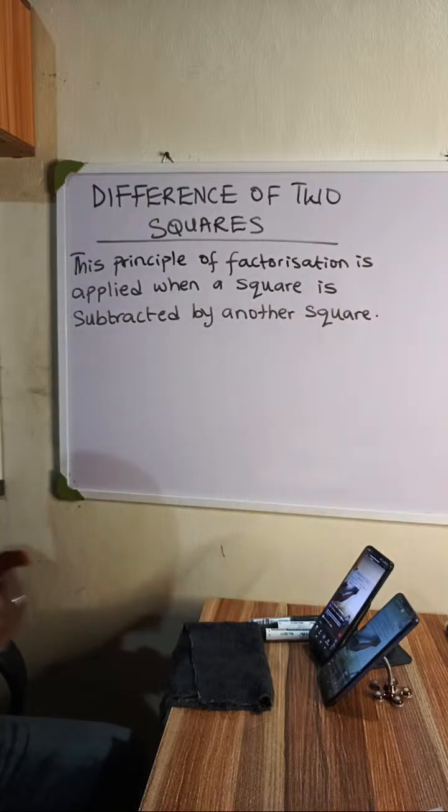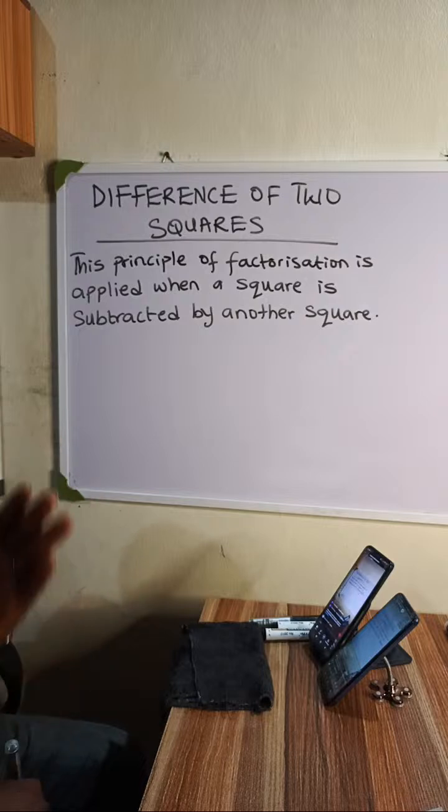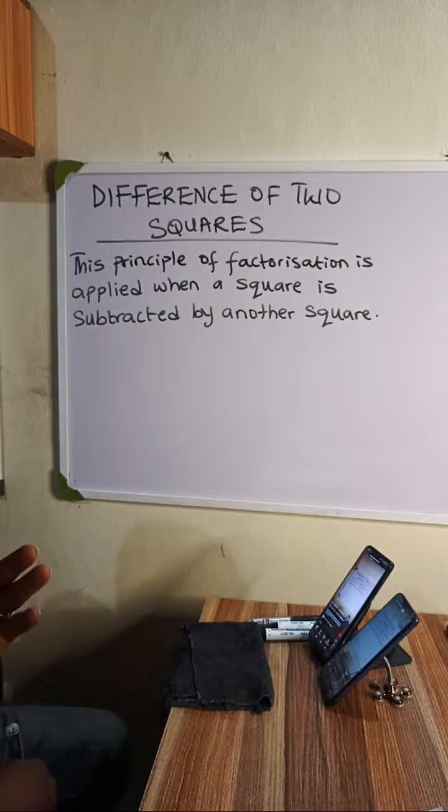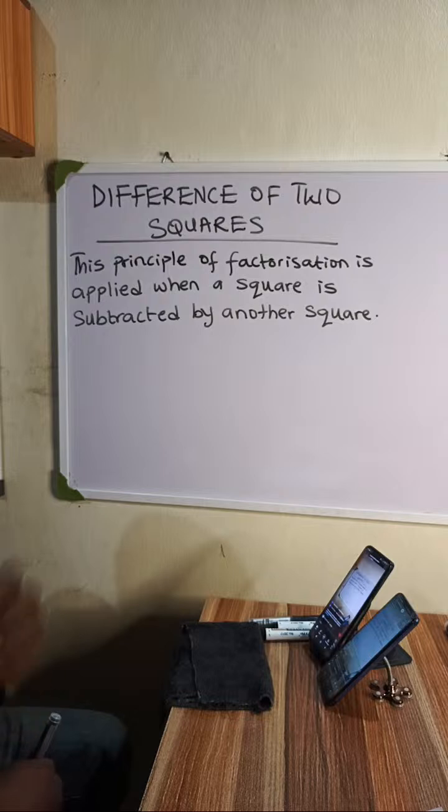So this principle is applied when a square is subtracted by another square. So let's look at an example.